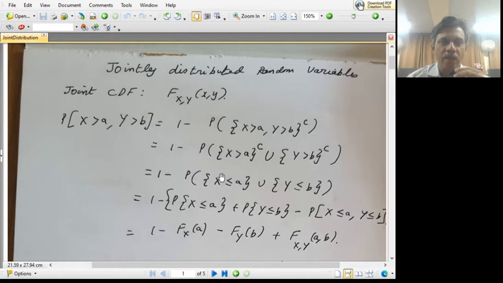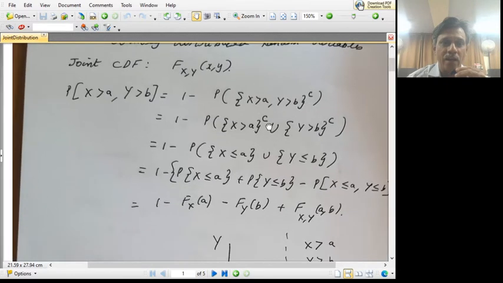Then, having written it in this manner, we can apply the set theoretic formula for finding A union B. Treating this to be event A and this to be event B, this is like A union B. So probability of A union B is probability of A plus probability of B minus probability of A intersection B. Before doing that, we will apply the complement on each of these sets.